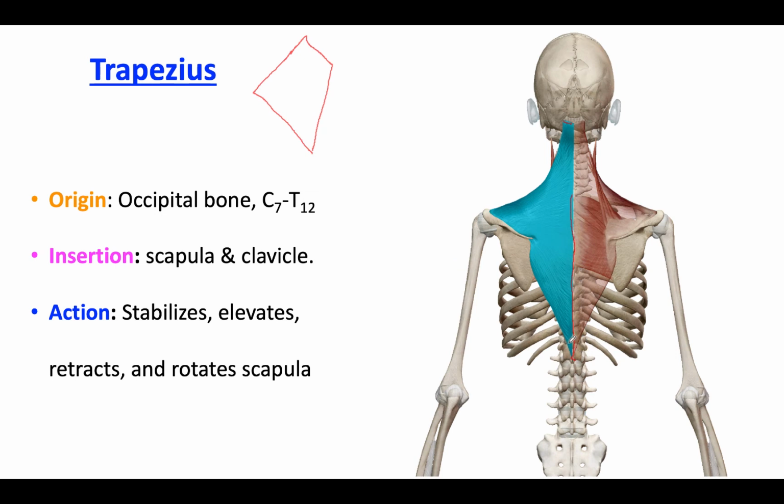C7 to T12. Okay, and it inserts in 2 places. It wraps around on the clavicle and the scapula right there. And actually there too. All right. Now, it has a pretty big job. It stabilizes, elevates, retracts, and rotates the scapula.